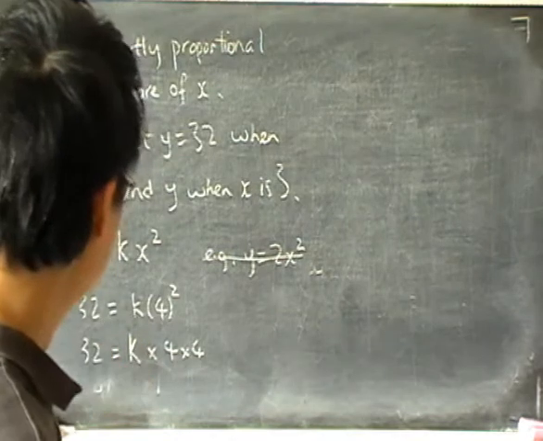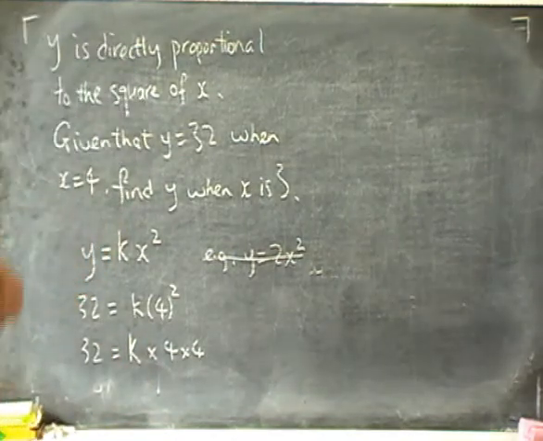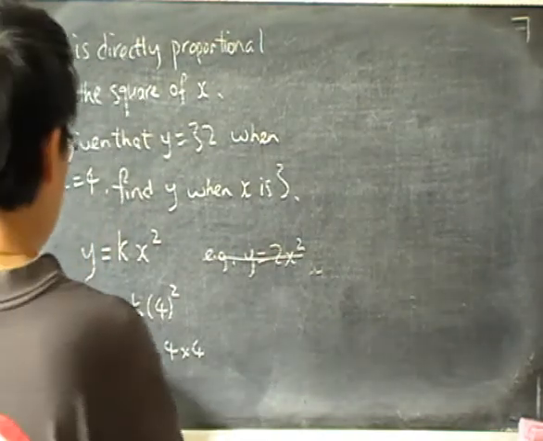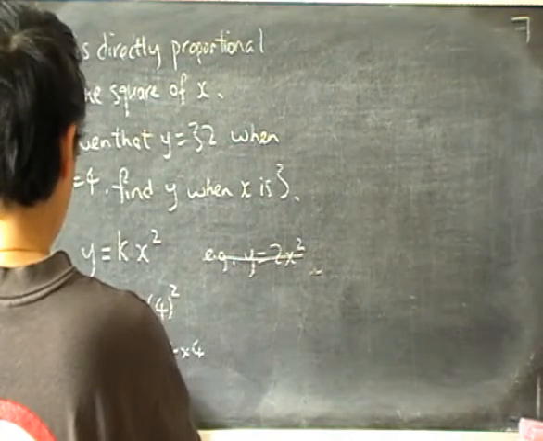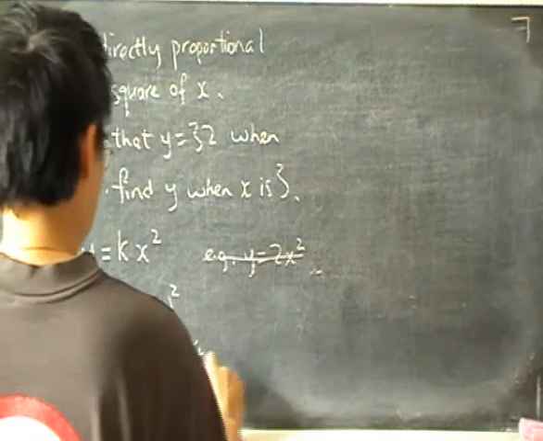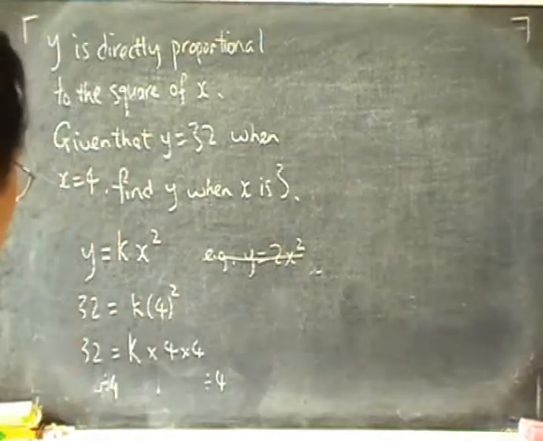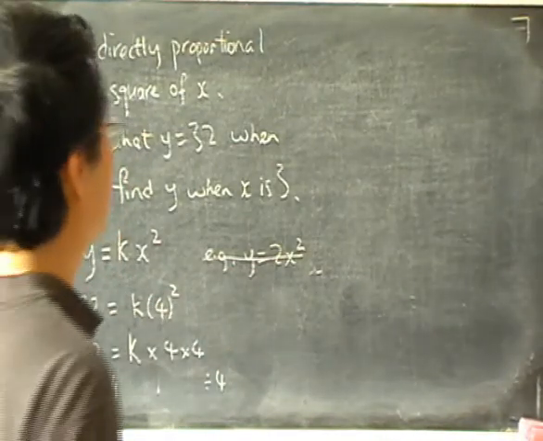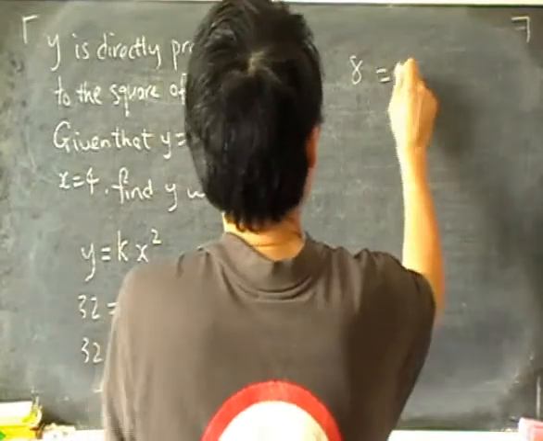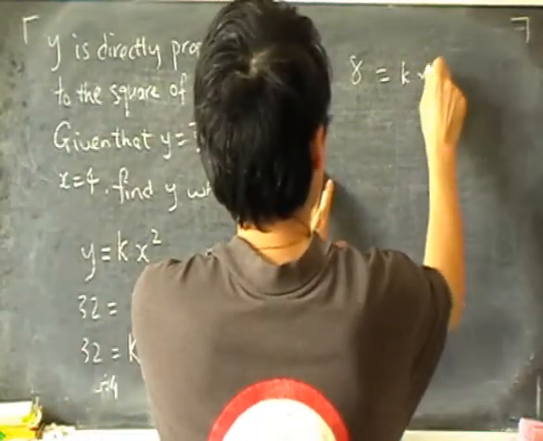So let's do that. Let me start by dividing both sides by 4. If I divide the left side by 4, 32 divided by 4 is 8. So on the right side I have k times 4 left.